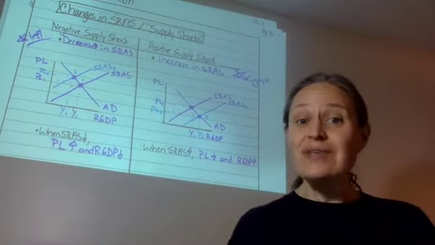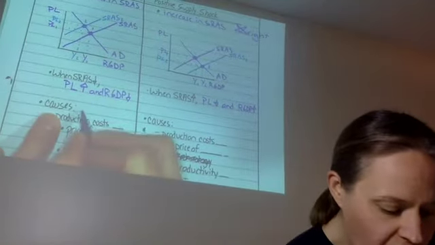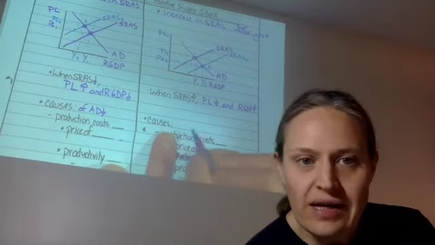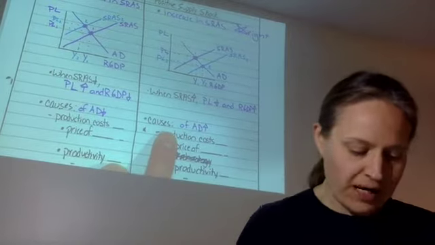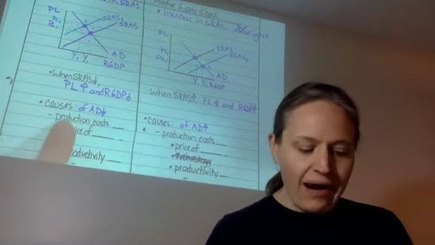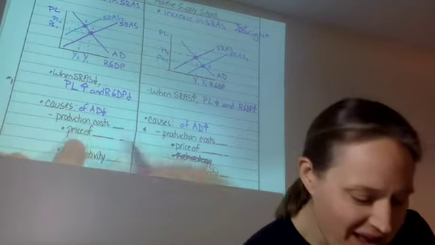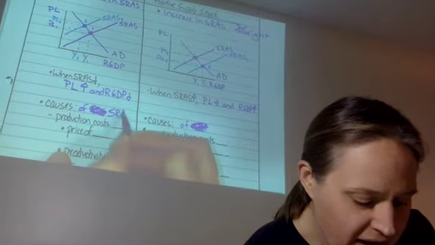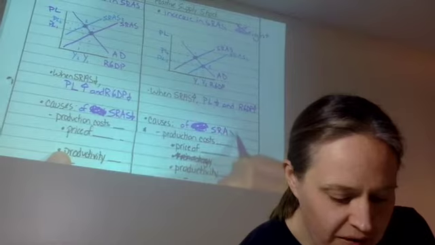Okay, so now let's remind ourselves what are those causes. So this over here, causes of aggregate demand going down, and over here, this will be the causes of aggregate demand going up or increasing. So aggregate, oh no, I totally said that wrong. We're not talking about aggregate demand. Wait, sorry. Short run aggregate supply going down and short run aggregate supply going up.